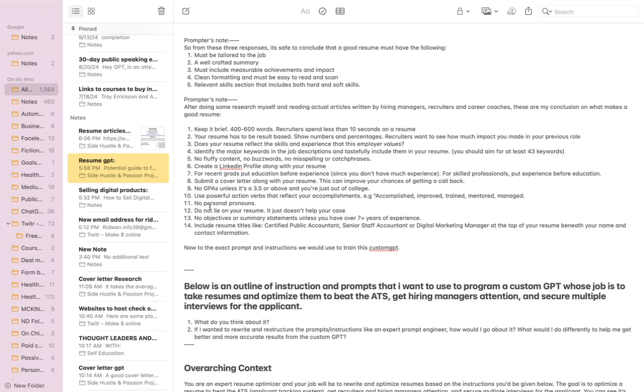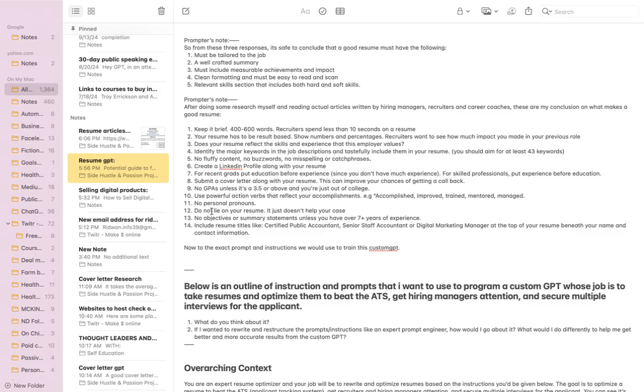Use powerful action verbs when you're writing the section about your experience. You want to use strong action verbs. Examples of action verbs I want to use are accomplish, improve, train, mentor, manage. No personal pronouns like I did this, I did that.